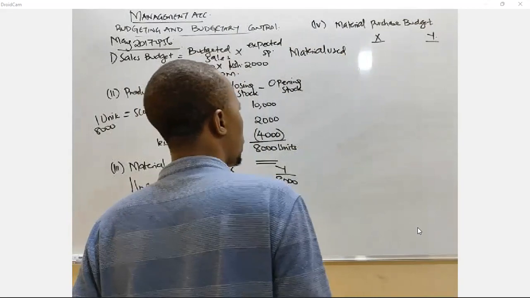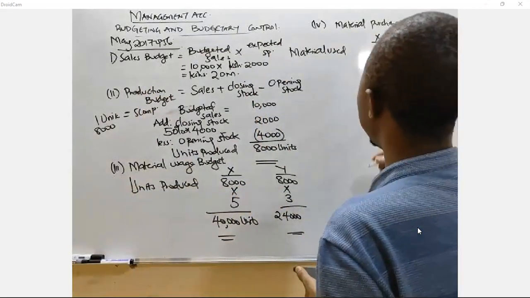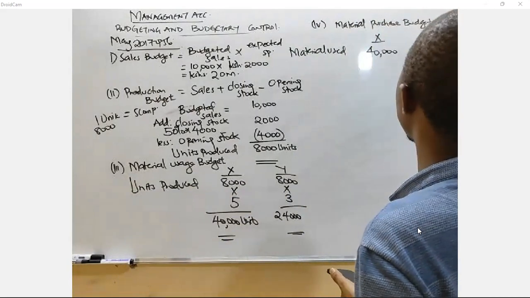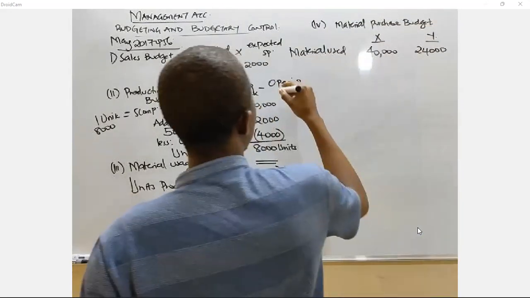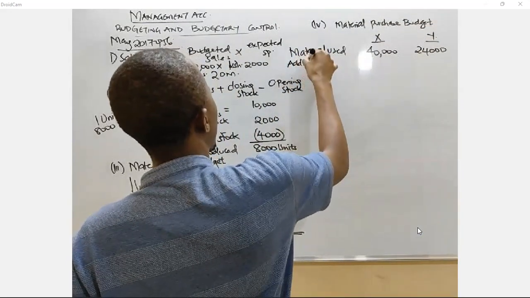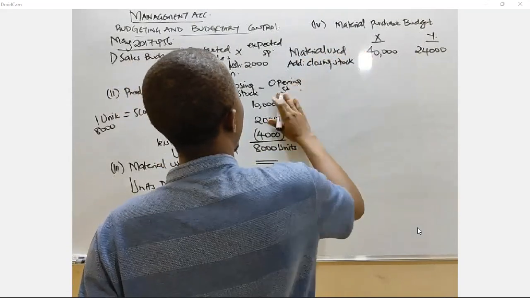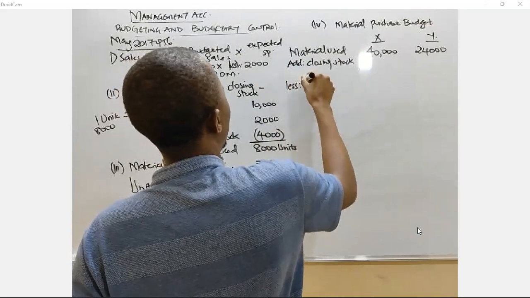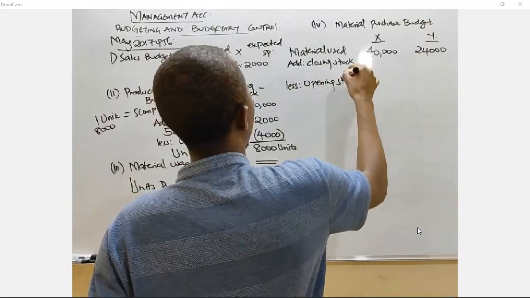To determine how much you're going to be purchasing, first we take the material used. So here it will be 40,000, here it will be 24,000. Correct? We add closing stock. Then we less opening stock.